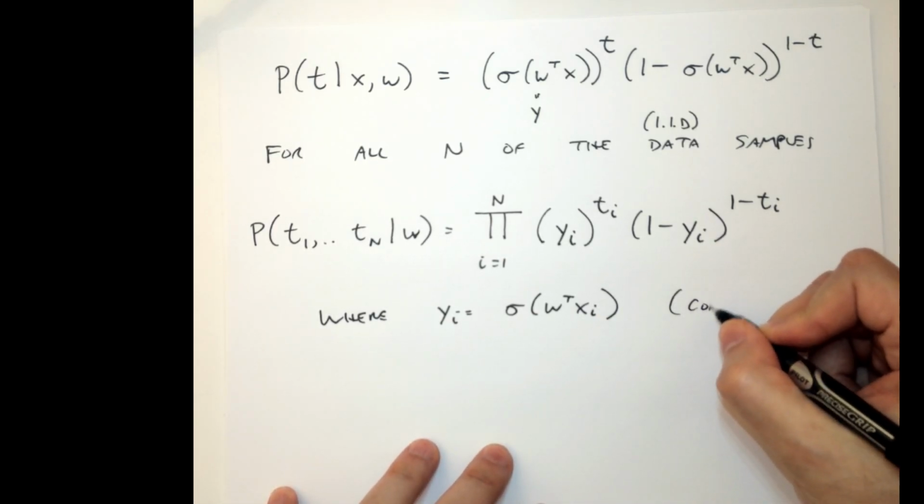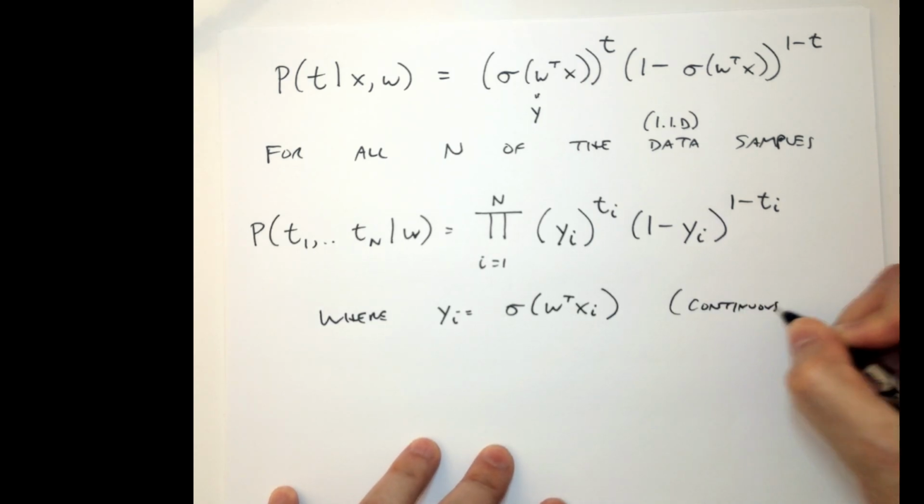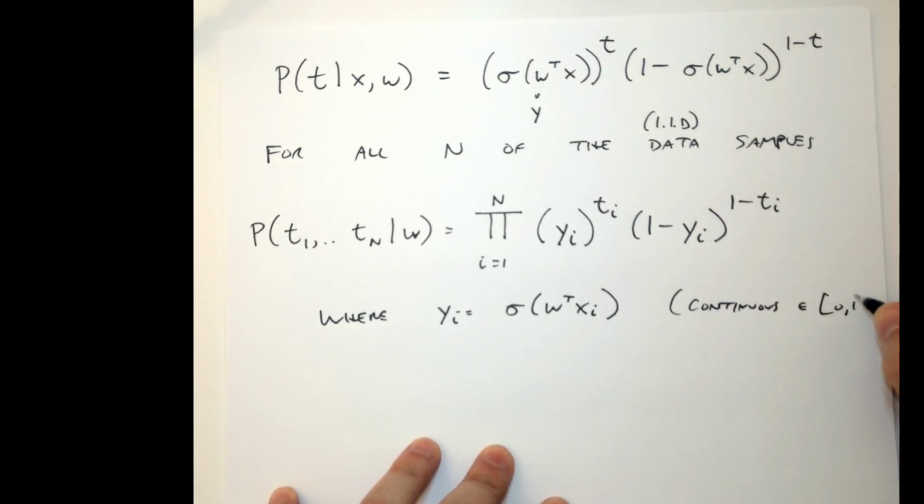And this is some continuous number between 0 and 1. So I'm slowly building up this more and more complicated looking probability.